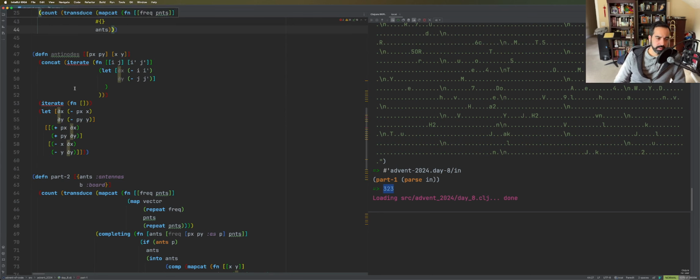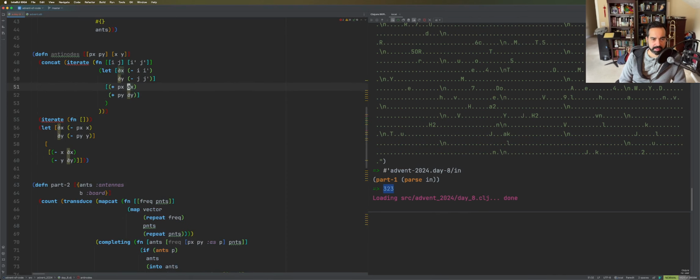Did you know IJK, like the indices that we use, the I stands for imaginary? Speaking of imaginary numbers, did you know that? It's from Euler. Euler started using it for the complex plane, right? And so things in different dimensions started getting labeled I. And then we just kind of kept going from there. J and K comes after I. Anyways, factoid. This half of it, right?